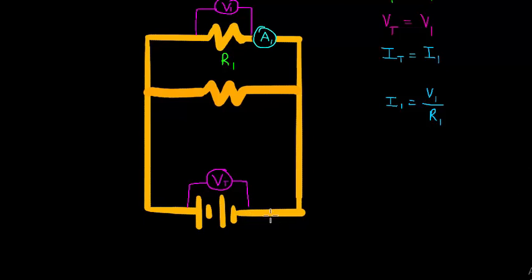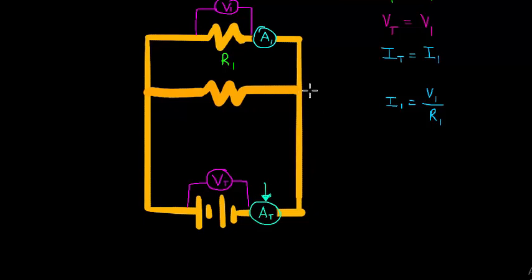So let's make a distinction. We need to add another ammeter here to measure the total current. So this is ammeter reading AT. I'm going to call it AT because that's going to be literally the total current: how many coulombs pass at this point every second.